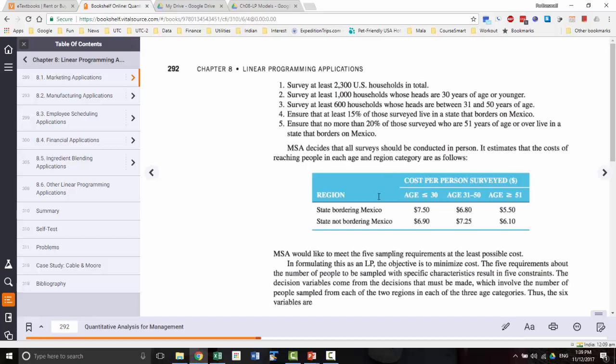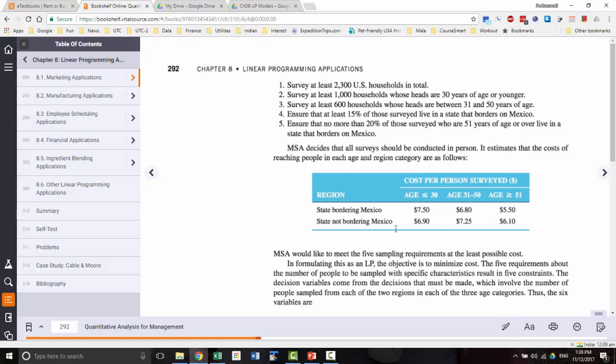the total cost. So what we really need to do here is figure out how many surveys we need to send out for each of these three groups and these two regions. So there are 6 possibilities. States bordering Mexico, the 3 age groups, that's 3 decision variables.